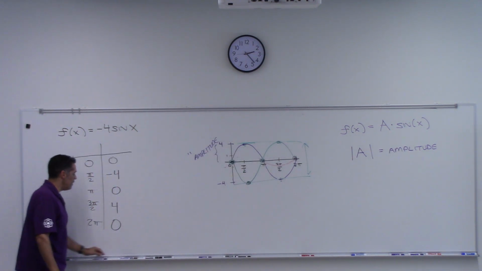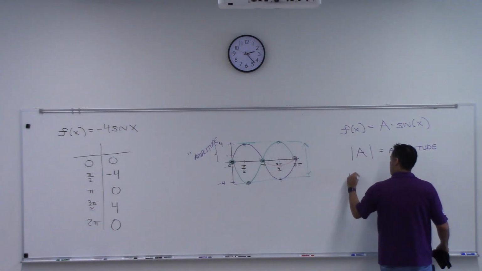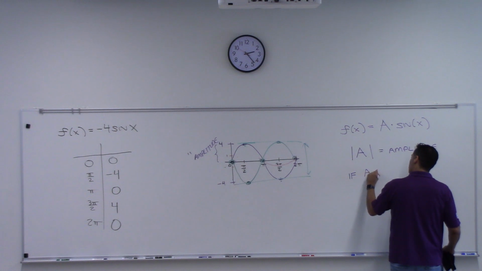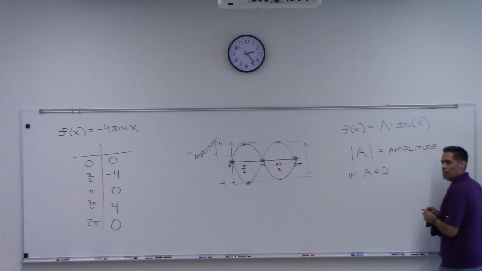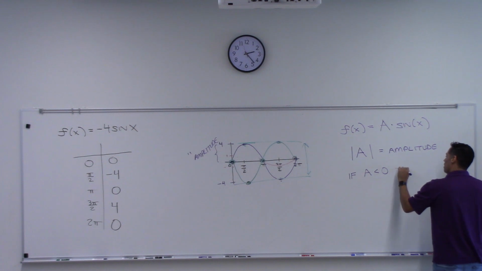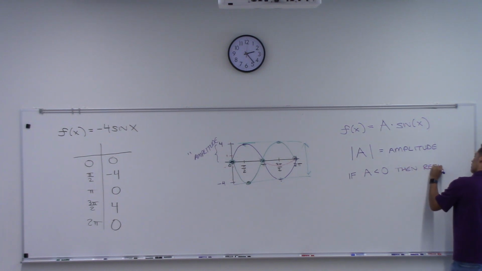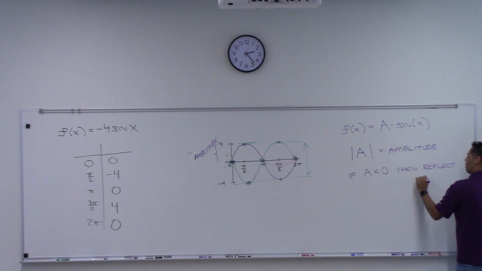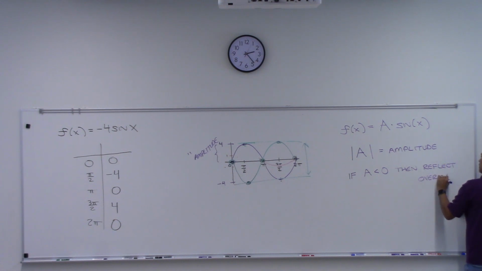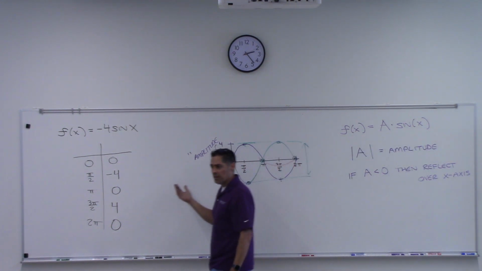So a negative out front, okay? So if a is less than 0, if that number there is a negative number, then it's a reflection over the x-axis. If a is positive, then it's going to look like your regular old sine function.